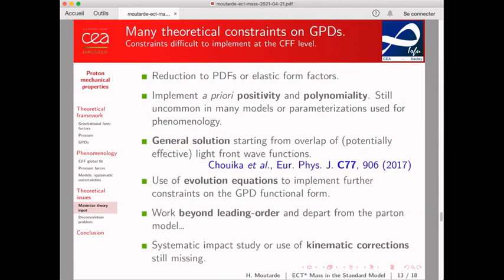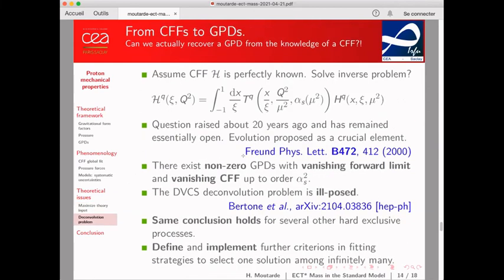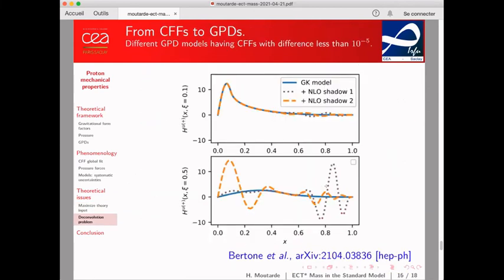Yes, back to the point, if you look at the problems I mentioned with these GPDs that can hide in experimental data, basically what we used here was polynomiality, evolution, and computation of quantum factors. There's a key property of GPDs, which is positivity, that we haven't used so far.